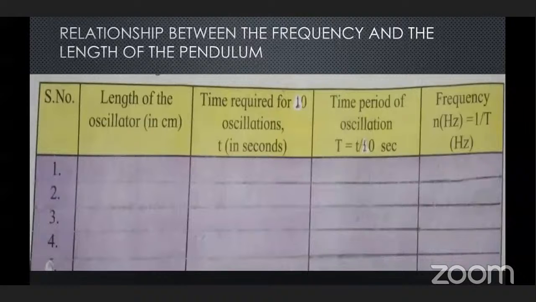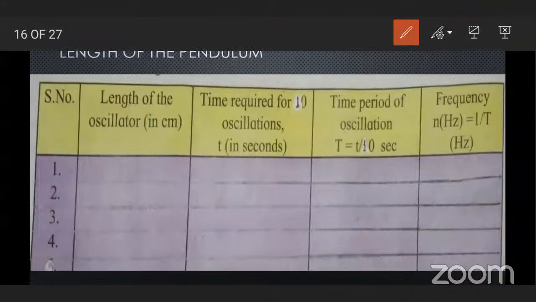I'm writing those observations in this table. See, first time, what is the length of the oscillator? 24 centimeter. And that time, how much time is required? 9.68 seconds.